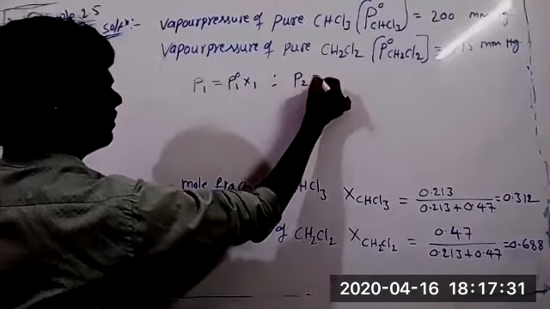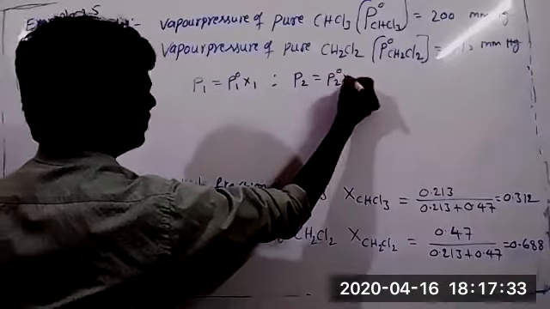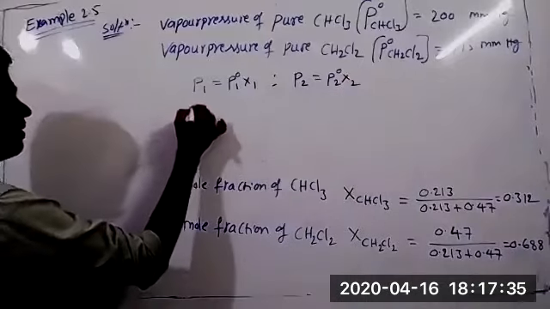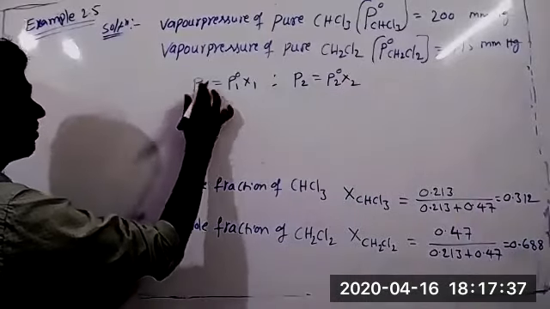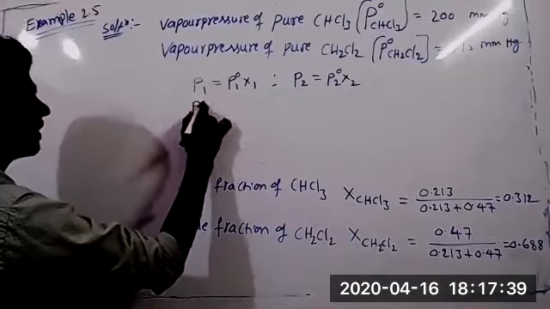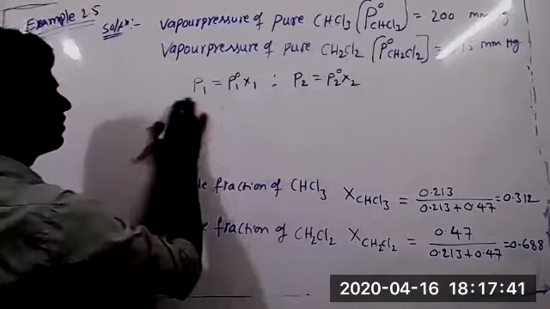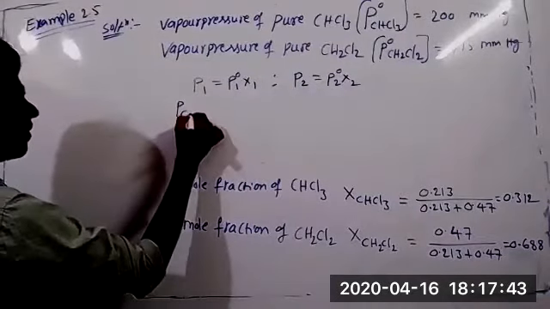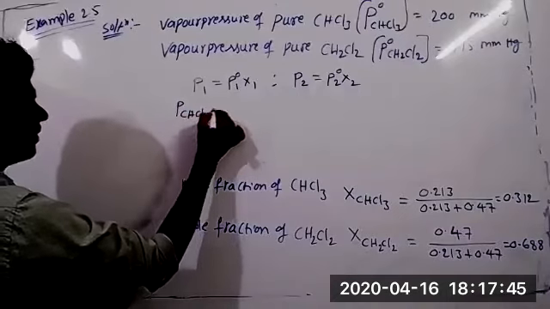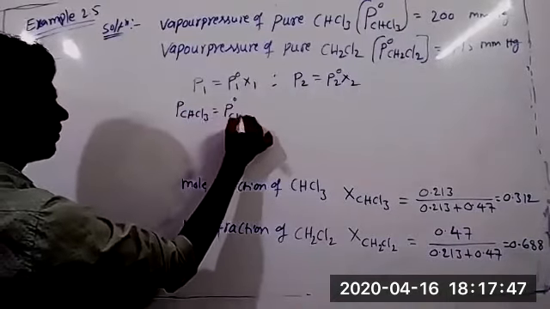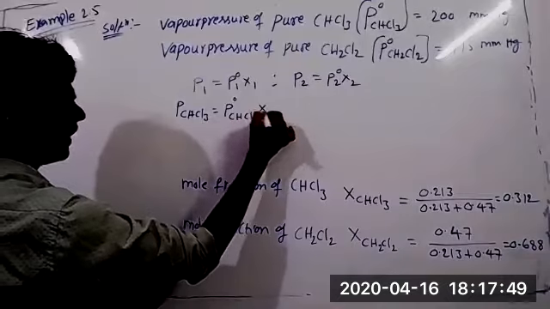P2 is equal to P2 power 0 into x2. From this, suppose P1 means here you take chloroform. P CHCl3 is equal to P0 chloroform and X chloroform.